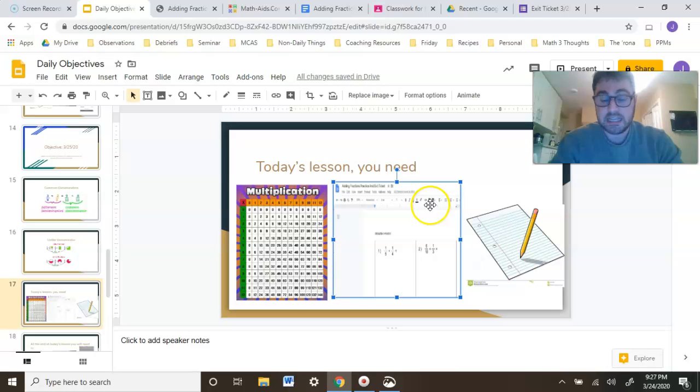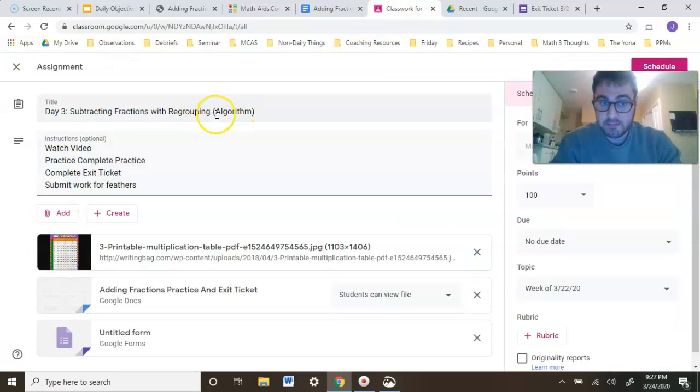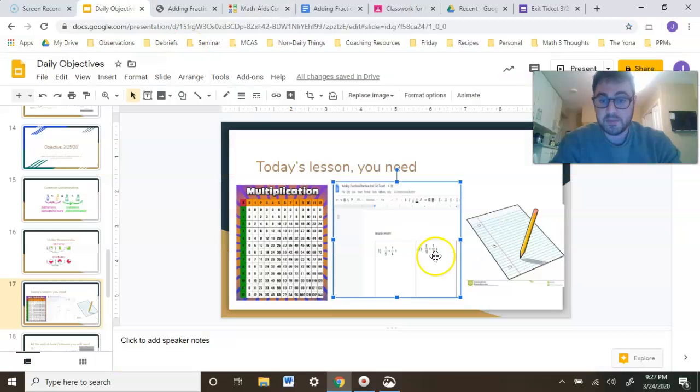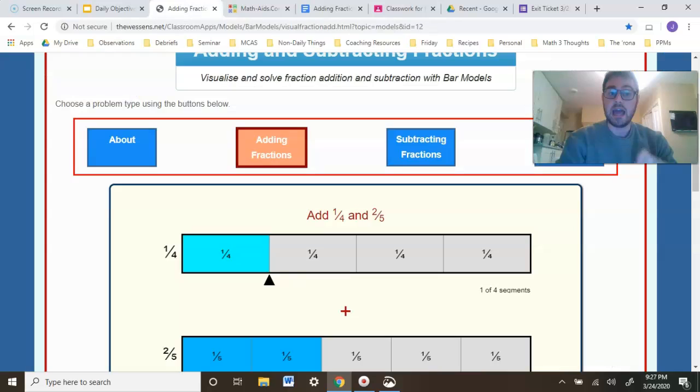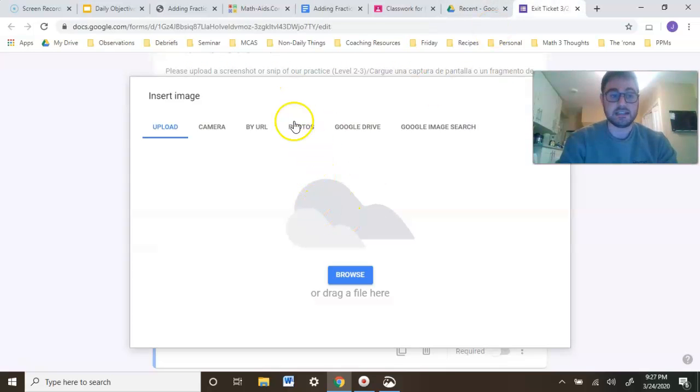Ustedes necesitan tener una tabla de multiplicación, este documento que está acá en el assignment, y lápiz y papel. Bien. Okay. At the end of today's lesson, you will need pencil and paper, a phone, and an ability to submit this online at the bottom in our exit ticket today.